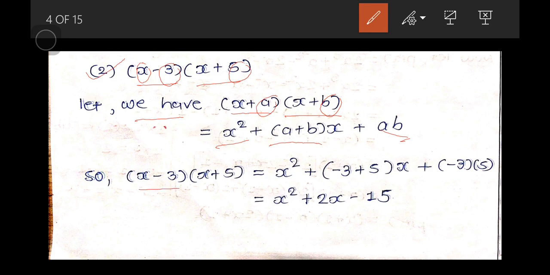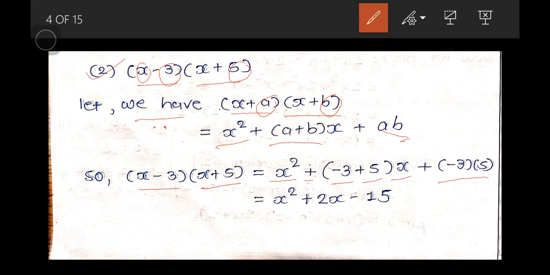Let me put these values in the identity and we can find this product. So x minus 3 into x plus 5 is equal to x square plus a is minus 3, b is 5, so minus 3 plus 5, into x as it is, plus a into b, that is minus 3 into 5.